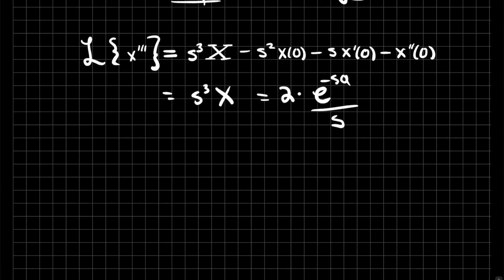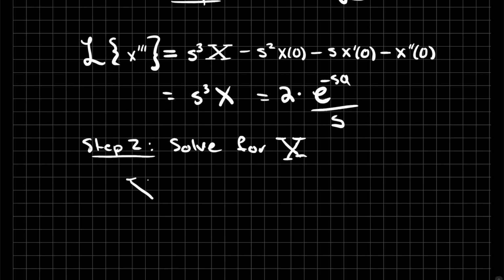After you take the Laplace transform, step 2 is to solve for capital X. We're interested in little x, but first we want to solve for capital X. This isn't too difficult to solve, and what we have is 2 times e to the negative sa divided by s to the 4th power.